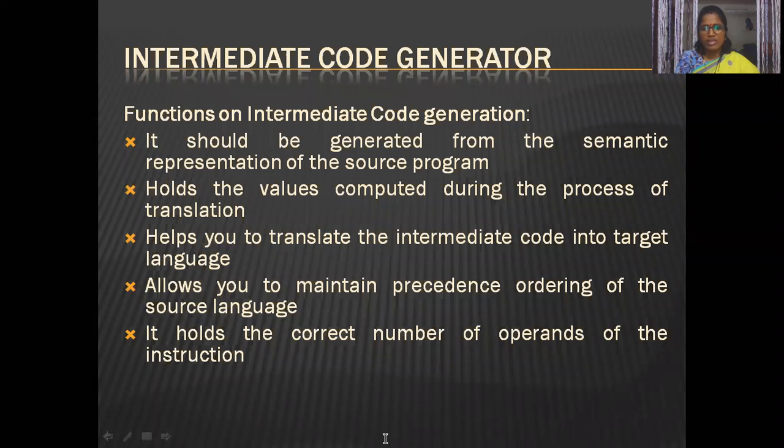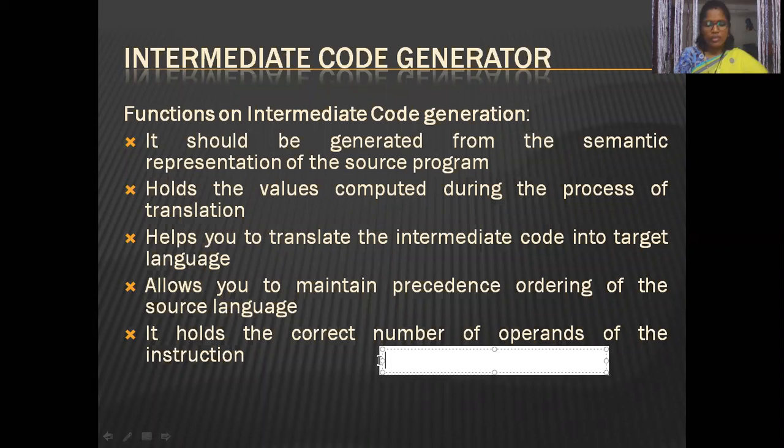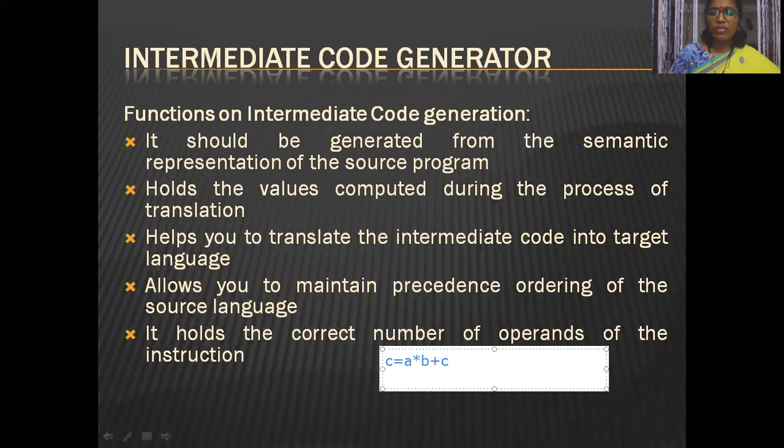I'll write a simple example. Suppose C = A * B + C. This expression will be evaluated from left to right according to the associativity rule. Whereas if I want to perform B + C first, then A, I will write C = A * (B + C).